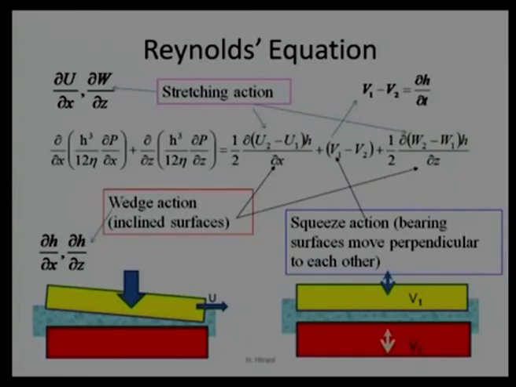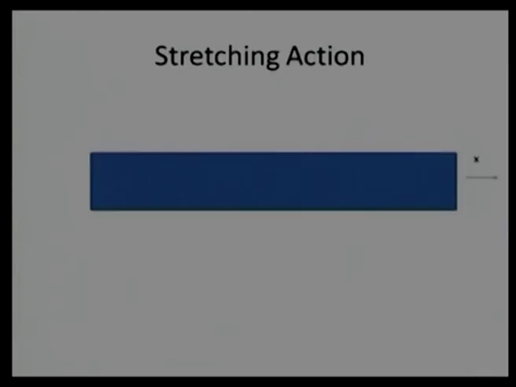To elaborate this stretching term, we have one more slide. We are saying in this case is the stretching action. I am trying to show with example of one plate. Say there is a velocity along the x direction, but this velocity is not constant.